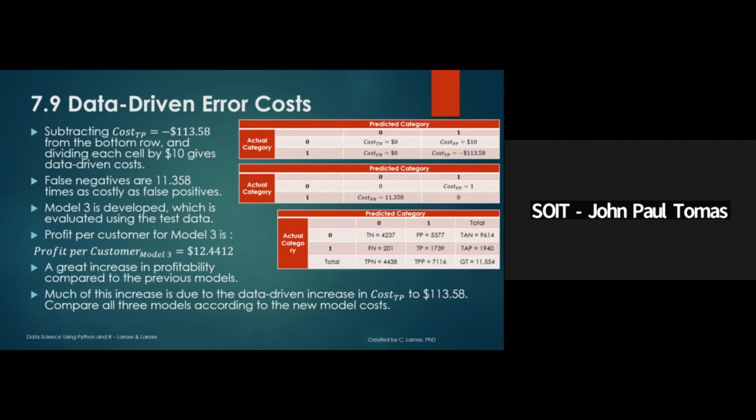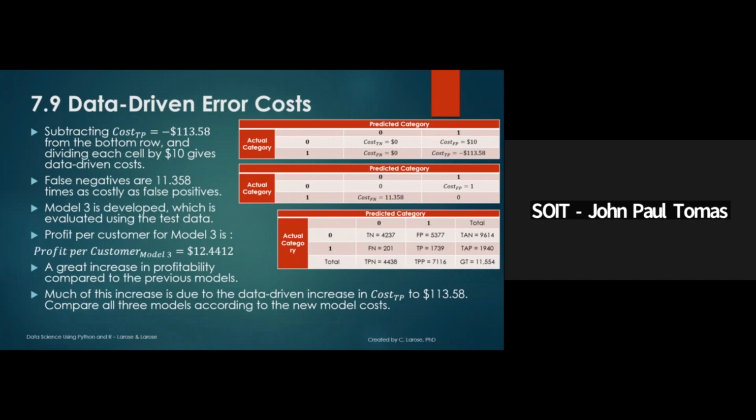So the actual category, predicted category, cost TN 0, cost FN 0, cost FP $10, cost TP that would be negative 113.58. So we will be having a TN, FN, FP, TP: 4237 for the TN, 5377 for the FP, FN 201, TP 1739.